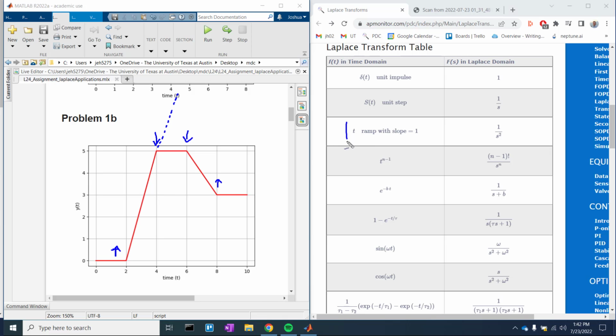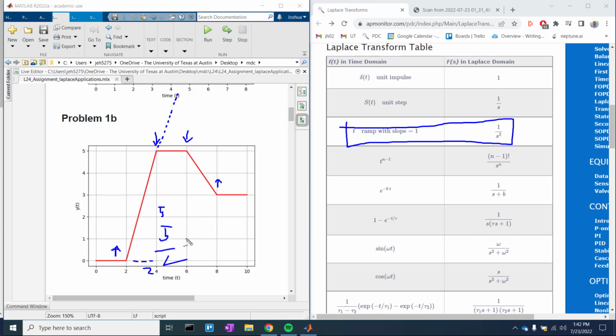And so when we ramp, we have a slope times 1 over s squared. So here we have a slope, we're rising 5 over 2, so 5 up, 2 over. So the slope of these is going to be 5 halves.